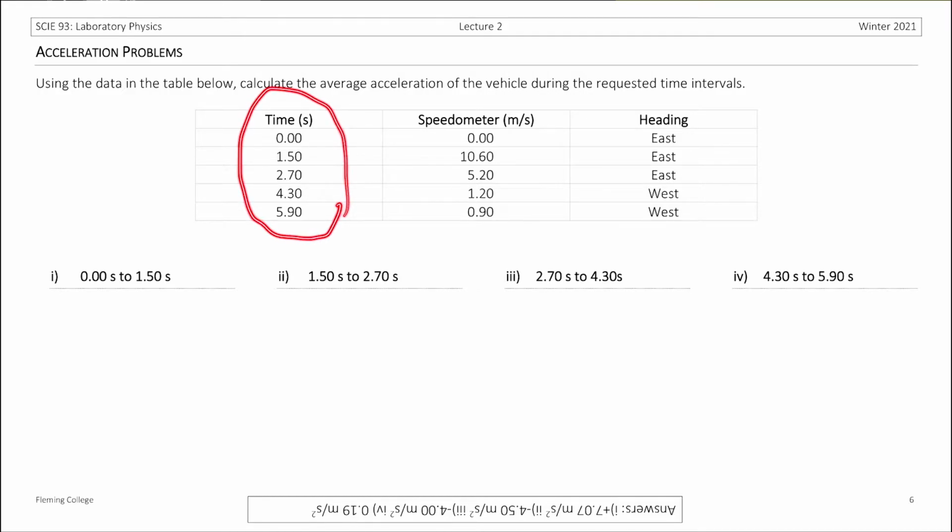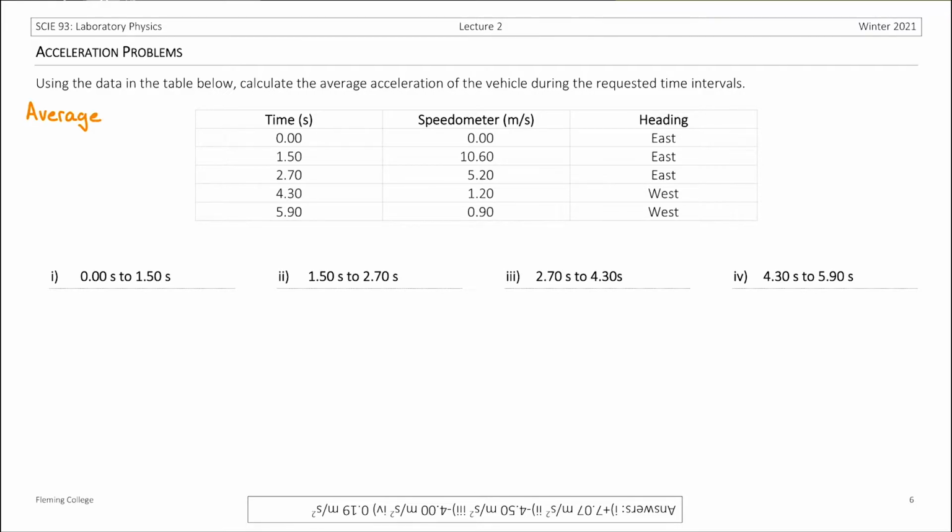You'll see that the table gives us certain times, the instantaneous magnitude of velocity for that specific period in time, and the direction to go with each of those magnitudes of velocity. I'm going to walk you through part 1 and part 3, and I'll leave parts 2 and 4 for you to follow along without audio.